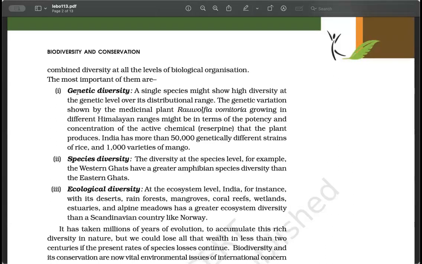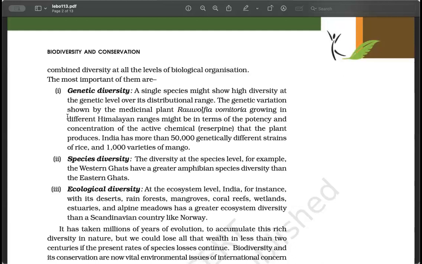Morphology in the sense of characters like hair, skin color, height, build, etc. All this comes from the inherent genetic diversity, though all humans belong to the same species. And there are many more examples, like different varieties of rice and mangoes in India, where the same species has a lot of variations among it.